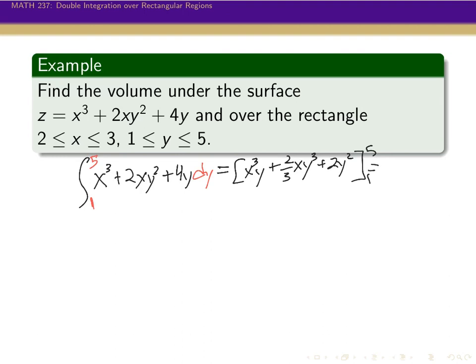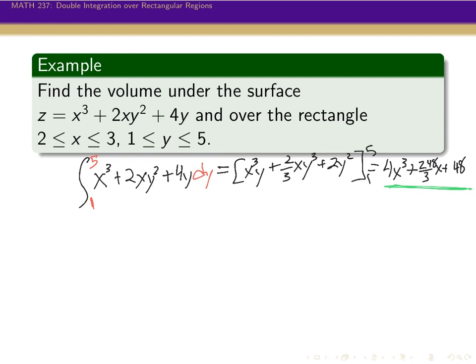And I think I'm going to end up with 4x cubed plus, y cubed is 125 minus 1 is 124, so 124 times 2 is 248 over 3x plus 2y squared, so 2 times 5 squared minus 1 squared, so that's going to be a 48.